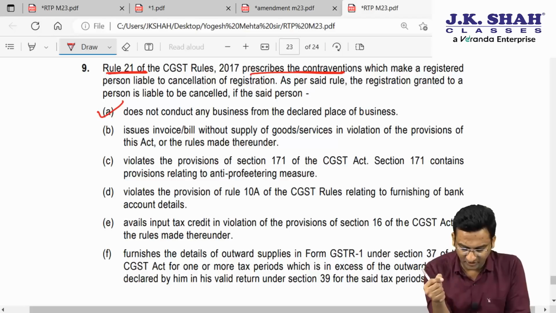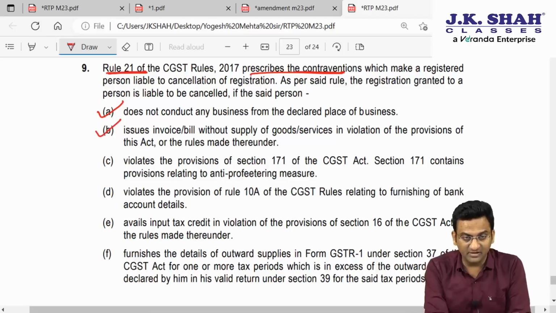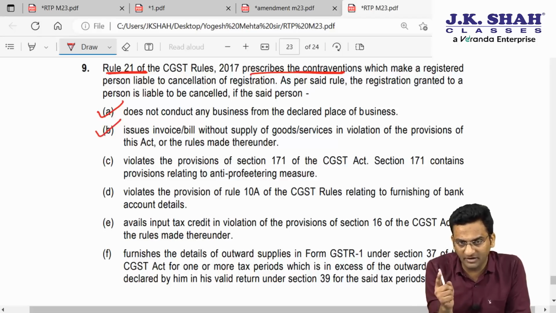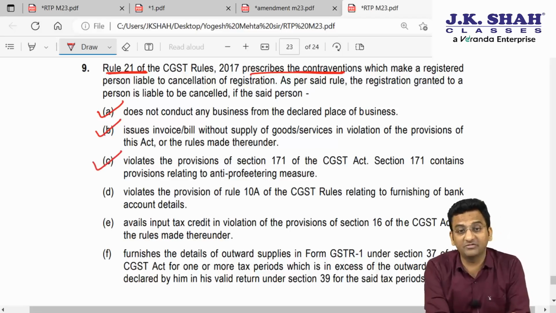First, the person does not conduct any business from the declared place of business. Then he issues an invoice or a bill without supply of goods or services. So, fake invoicing. Then he violates the provisions of section 171, that is, anti-profiteering measures.